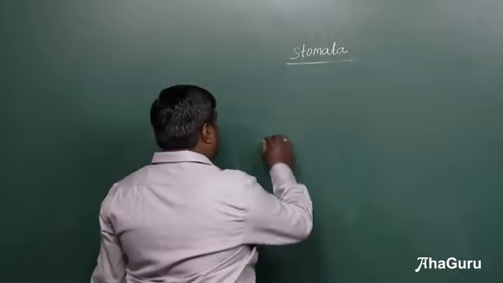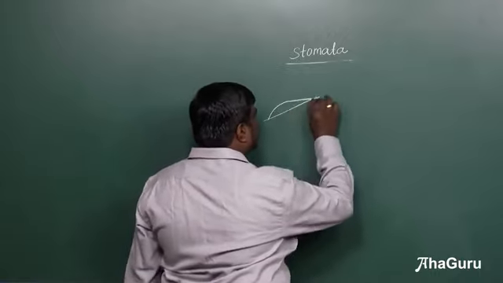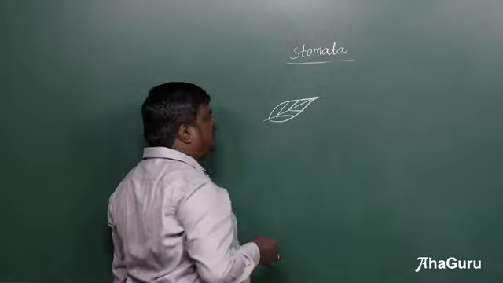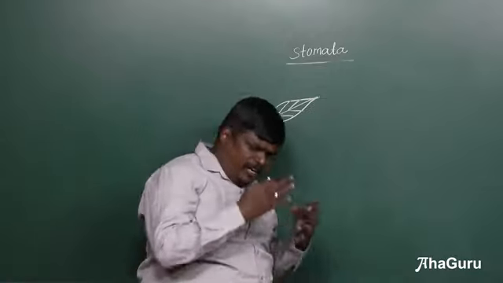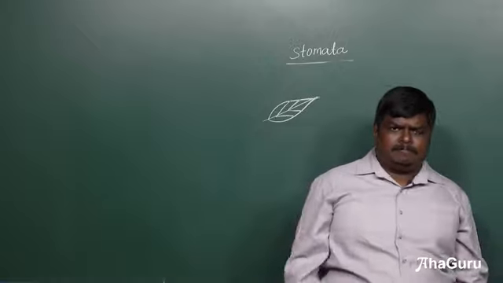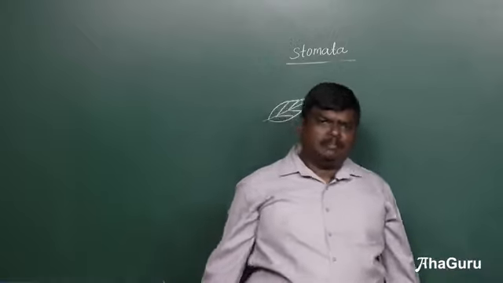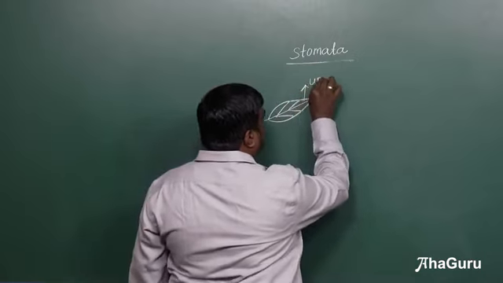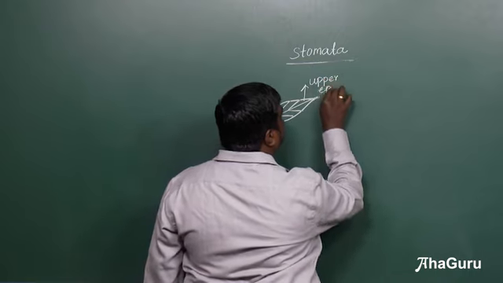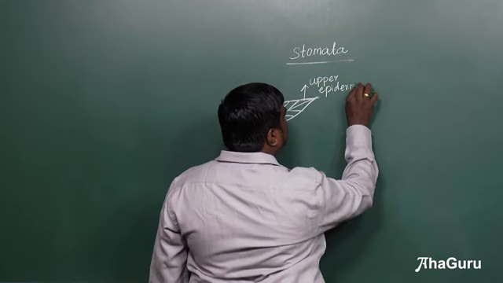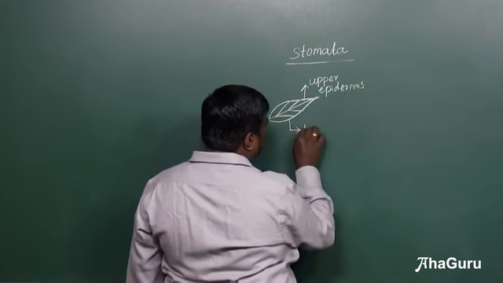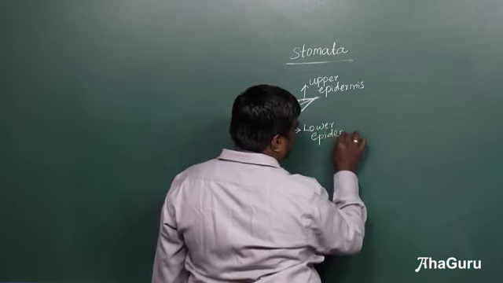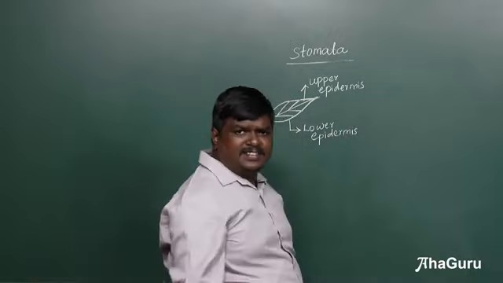If you take a leaf, the outer layer of the leaf is called the epidermis. This upper part is called the upper epidermis, and the lower part is called the lower epidermis. So two epidermises are there in the leaf.